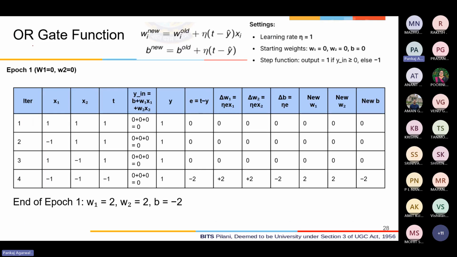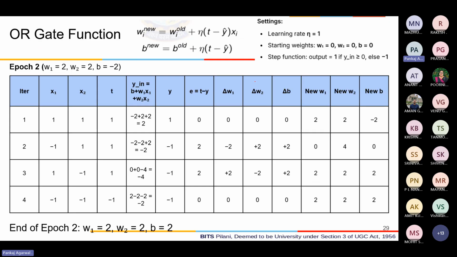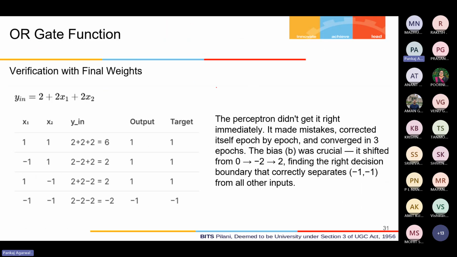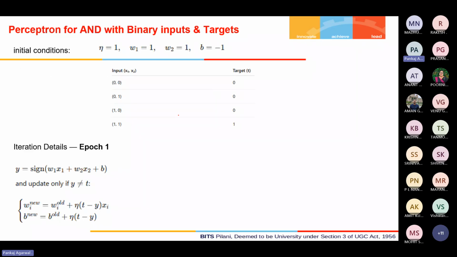Then eventually we solved some of the very basic gate functions, and we saw how a simple perceptron would be able to do learning. So this was the first ever learning algorithm that you built, and how it is able to solve that particular problem using multiple epochs, iterations that we saw.